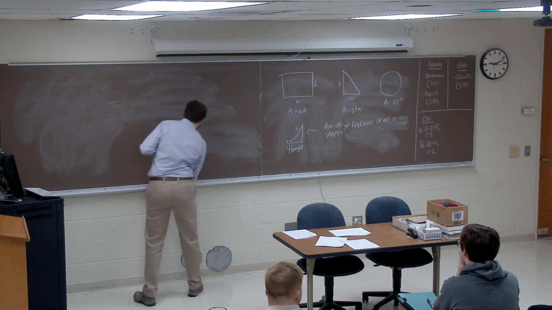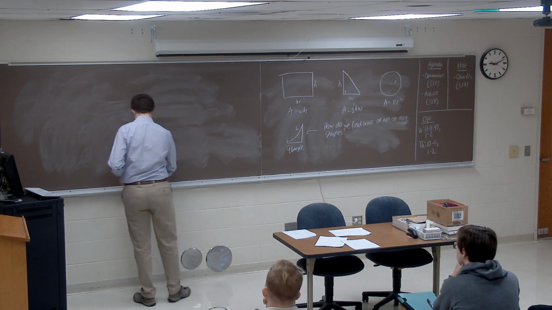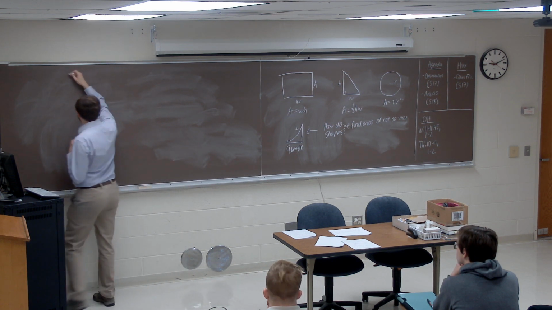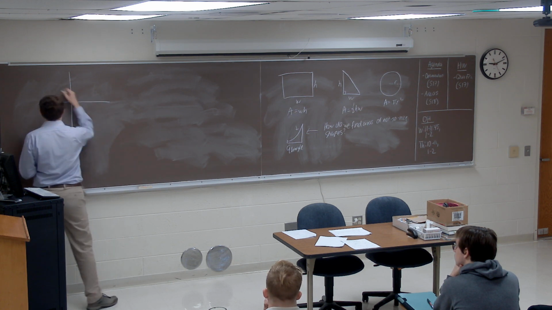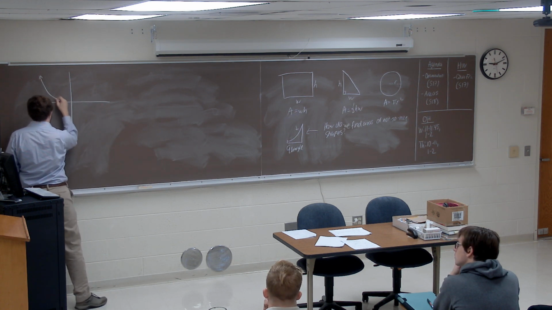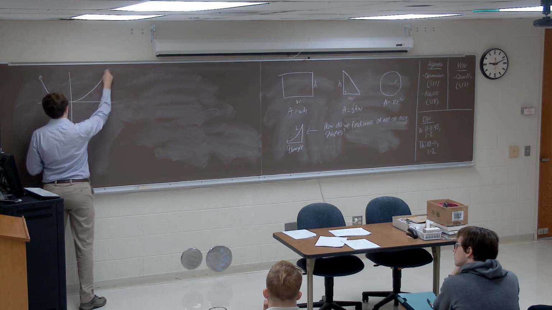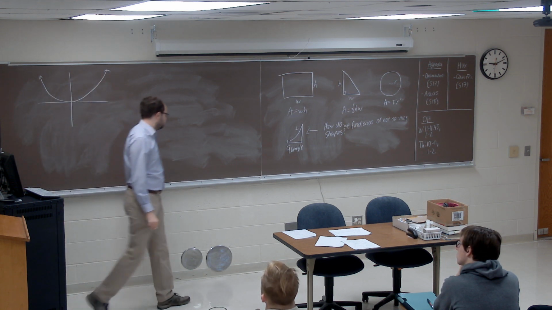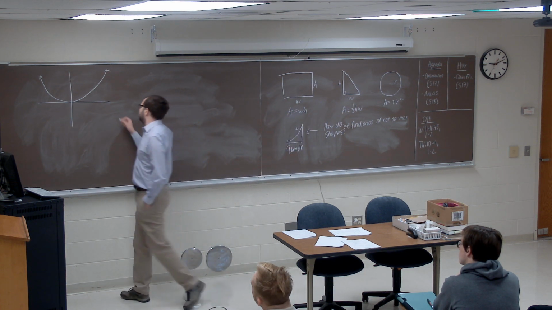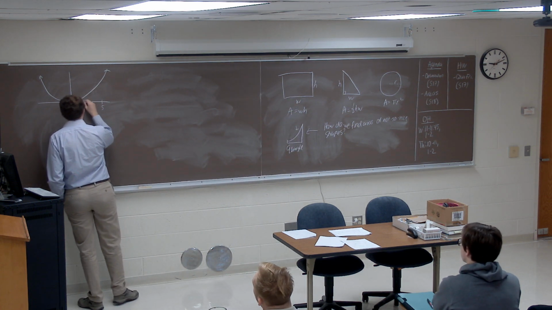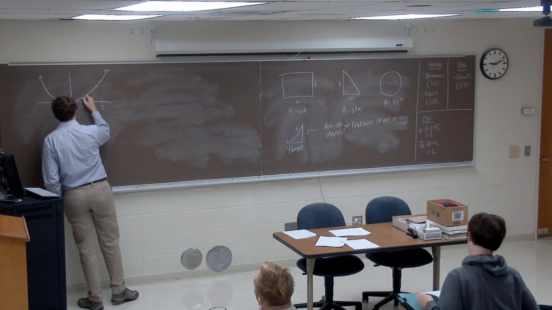So if we were to graph a parabola, say, y equals x squared, let's pick out two values of x, like say x equals 5, x equals 1.